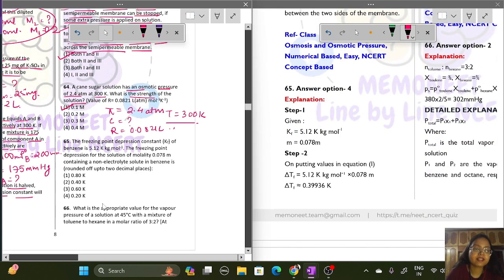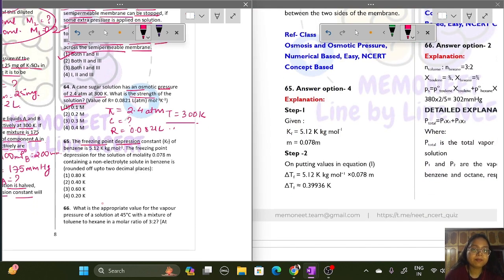Next is question number 65. The freezing point depression constant Kf of benzene is 5.12 Kelvin kg per mole. The freezing point depression for a solution of molality 0.078 molar containing a non-electrolyte solute in benzene is to be rounded off up to 2 decimal places.